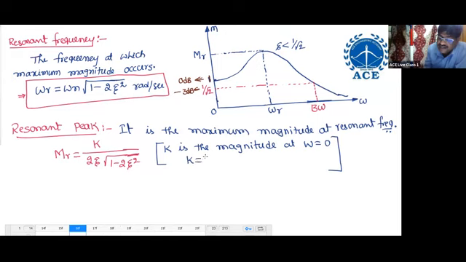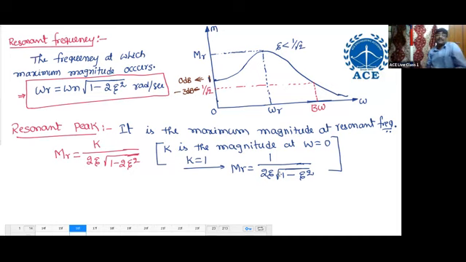So K equals 1. That means the formula for MR is 1 by 2 zeta root of 1 minus zeta square. In case 10 is given here, it is 10 by 2 zeta root of 1 minus zeta square; you have to consider it like that.